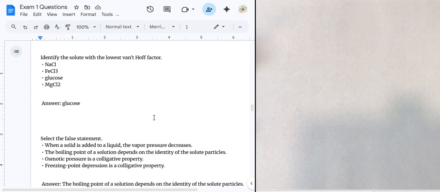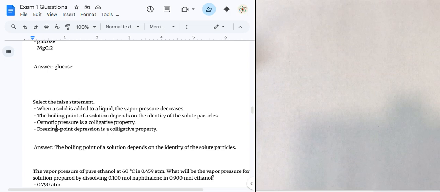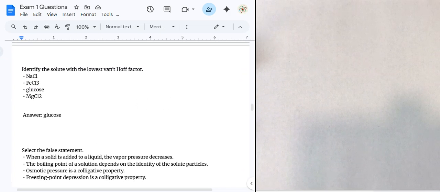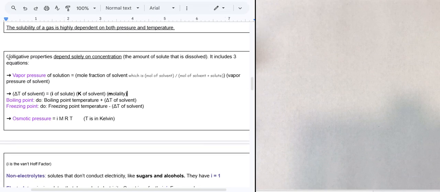Next question is just the definition we went over. Wait, actually, no, or kind of. Remember how we said over here, colligative properties depend solely on concentration?